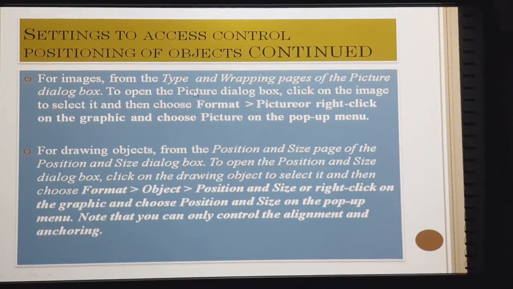So to open the picture dialog box, click on the image to select it and then choose format picture, or right click on the graphic and choose picture on the pop-up menu. Now in order to apply anchoring, alignment, arrangement and text wrapping in case of images, we can directly go to the picture dialog box. Simply we need to select the image and then choose format and go to picture, or simply right click on the graphics and choose picture on the pop-up menu.